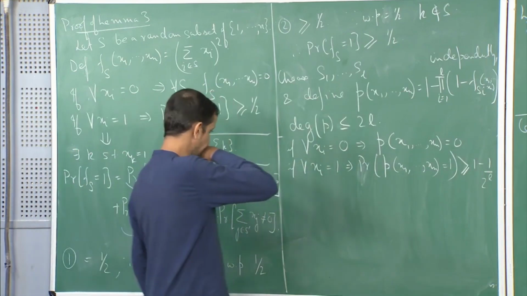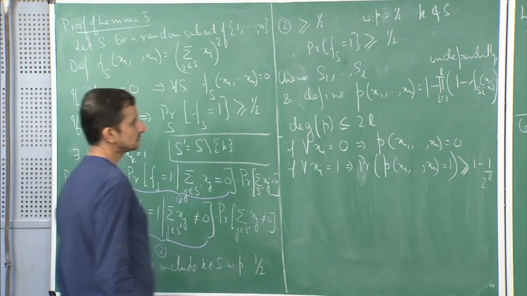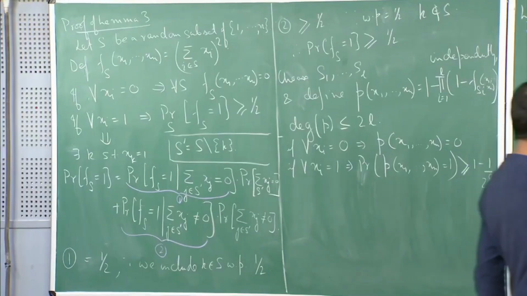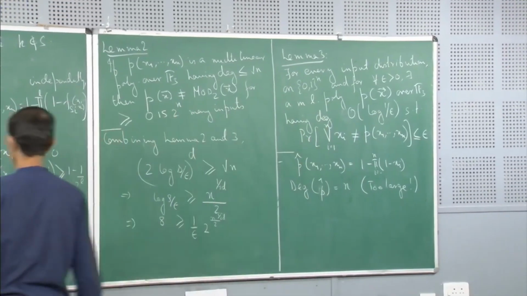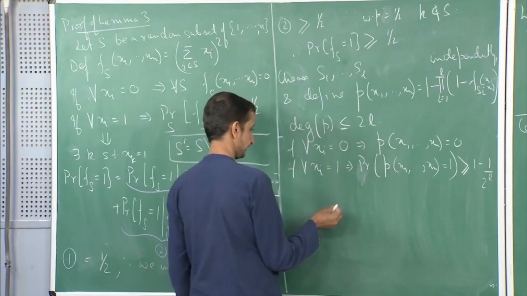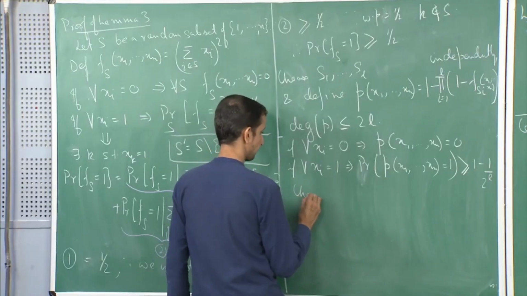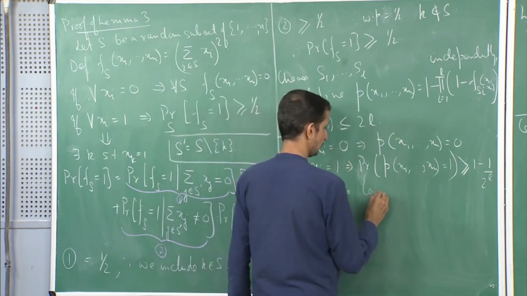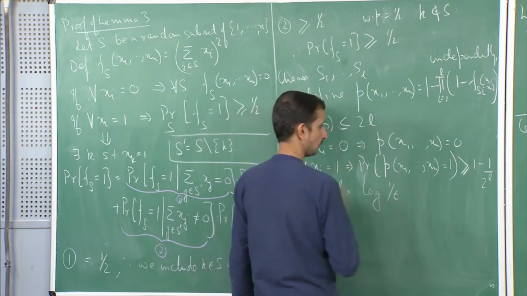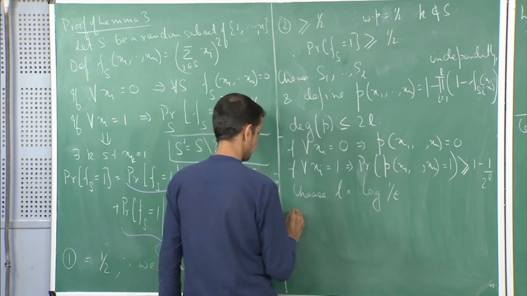So, now where are we? We just want to show that if the degree is this, then the error is at most epsilon, which follows quite trivially. So, choose L equal to log of 1 over epsilon.